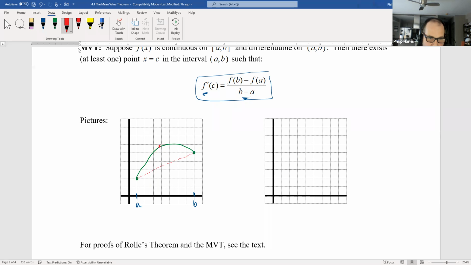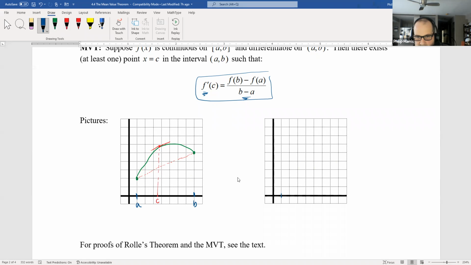That's not very good. Still missed a little bit, but we have a tangent line here somewhere. And again, what we're looking for is that the tangent line has to become parallel to the secant line somewhere inside this interval. So in the first picture I've drawn here, there is only one such place. But somewhere on this interval, this would have to become a parallel tangent line to this secant line.